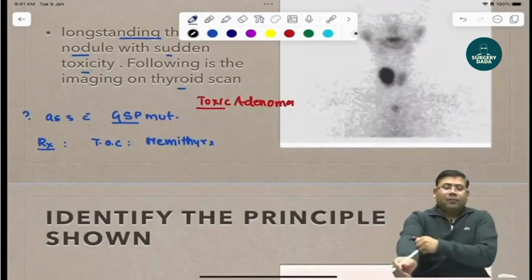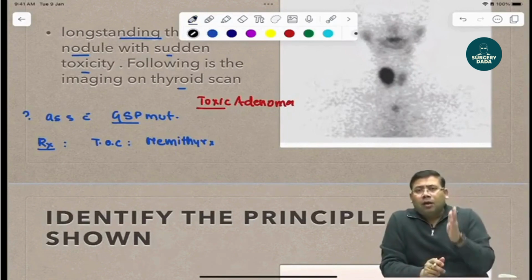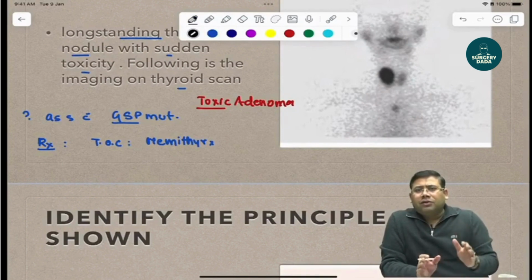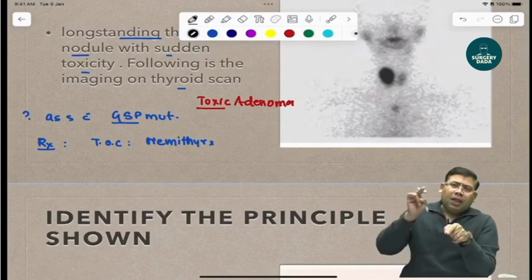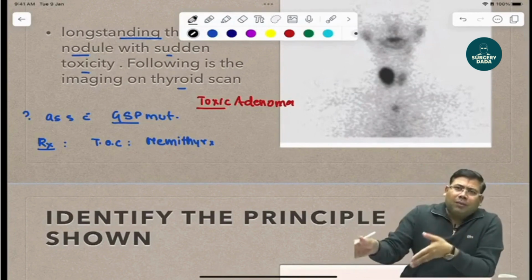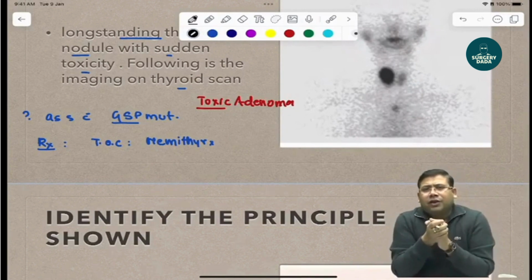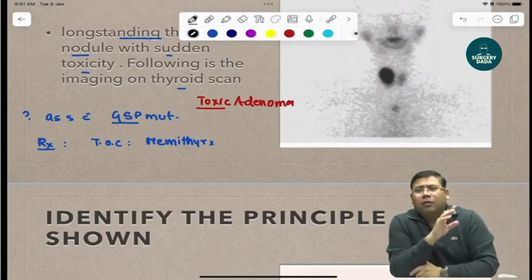Now you must be saying, sir, why can't we go for radioactive iodine ablation? Yes, you can go, but the quantity of radiation required to ablate a nodule is far more than the conventional dose that can be tolerated by the gland. So there will be collateral damage to the normal healthy gland also, and therefore there's a high risk of radiation induced thyroiditis. So young patients, and pregnant patients planning to conceive, you cannot give.